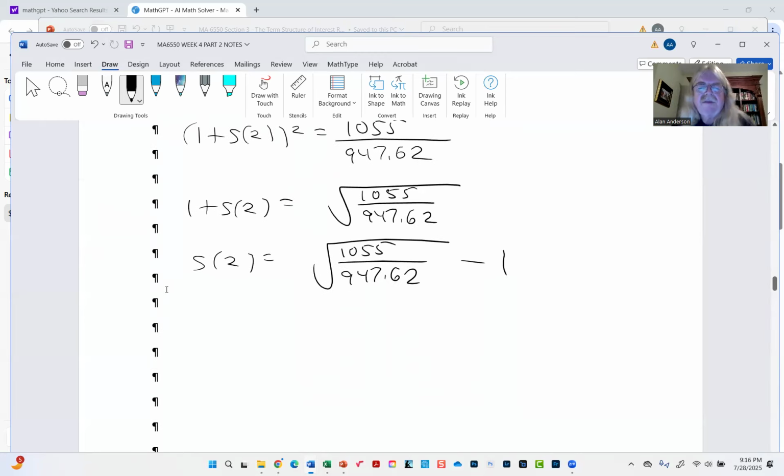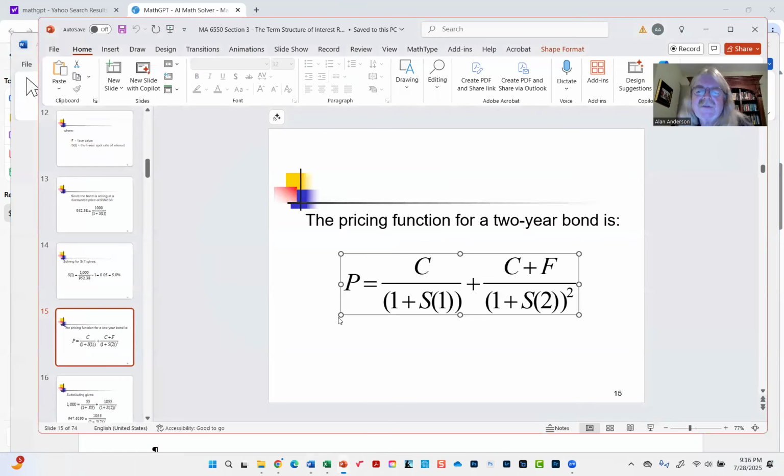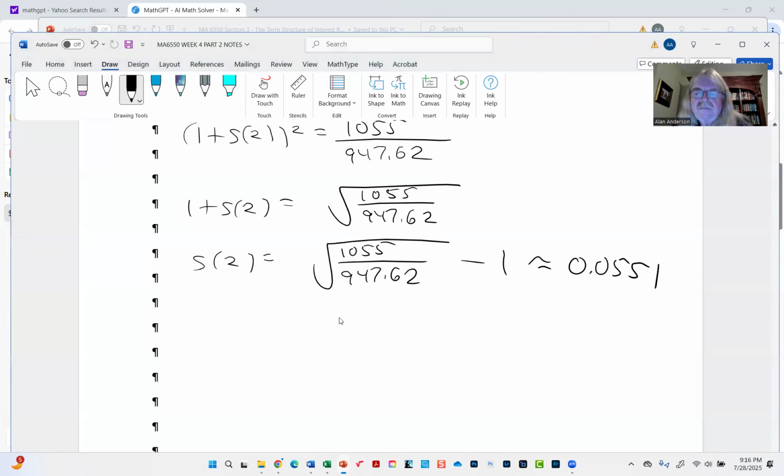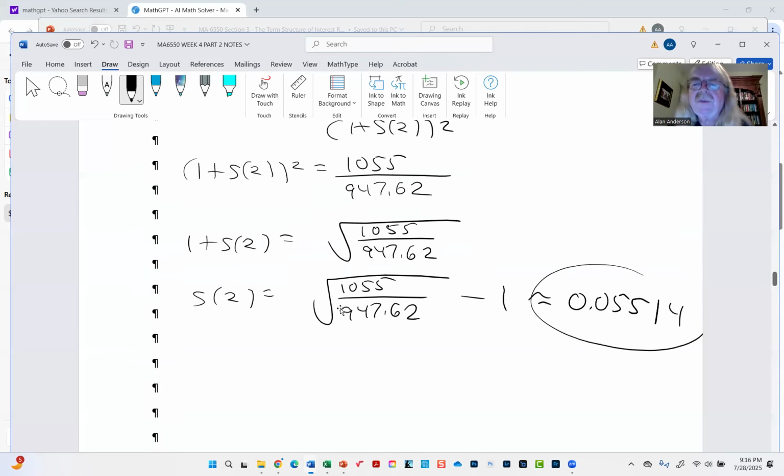And that is going to leave me with 5.51. So it's very small. Yeah, if we take it at another place, it's 5.514. Okay, so I'm going to fill that in up here.